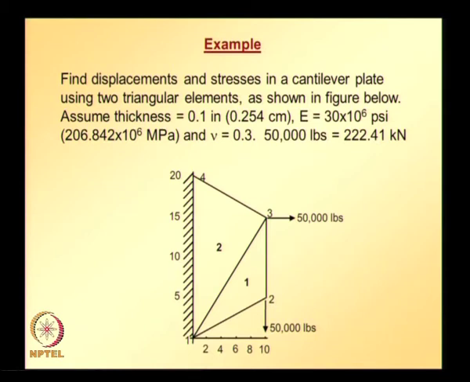From the information given in the figure, we can easily figure out the nodal coordinates and the geometrical details, and also material property details and load details are given both in FPS units and SI units.